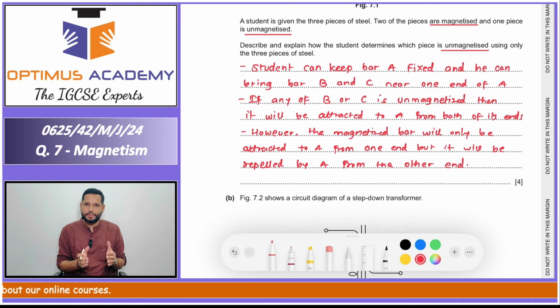So understand, we are keeping A fixed. We are first bringing B closer to it. Let's say B's left side or right side is getting attracted to A, meaning B is unmagnetized.